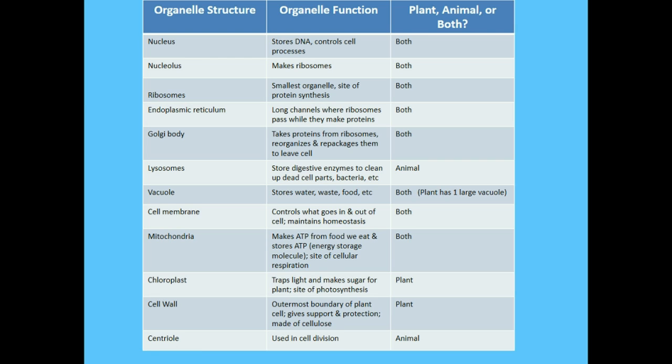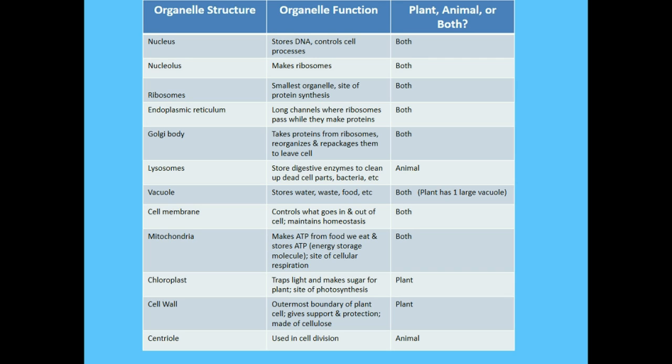Now let's look at the organelles. There seems to be a lot of them, but let's go over these briefly and try to think of bite-sized things to help you remember them. So the nucleus, that's your control center. It stores the DNA, helps dictate or control other parts of the cell. The nucleolus makes the ribosomes. It really has no relationship with the nucleus. A lot of people think that the nucleolus is where the DNA is stored. It's not.